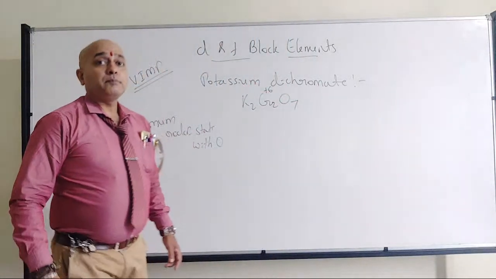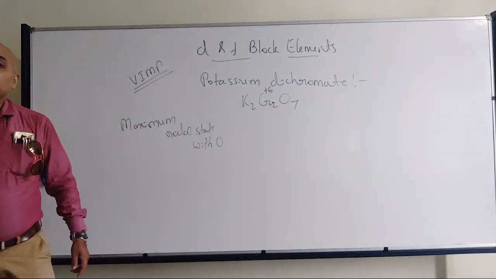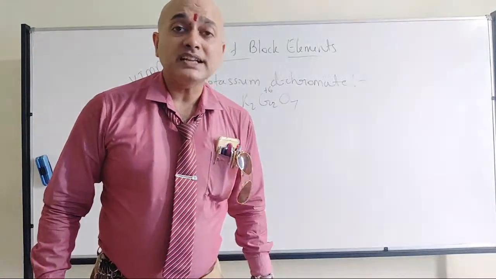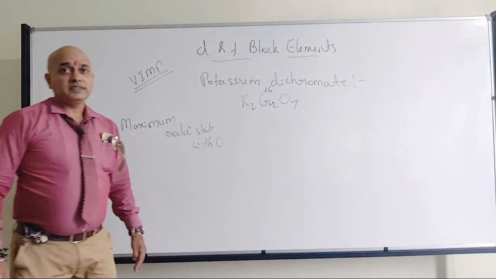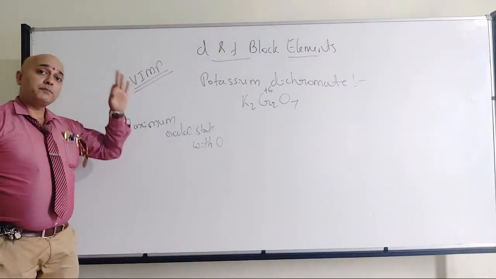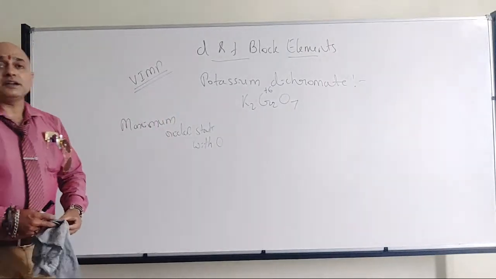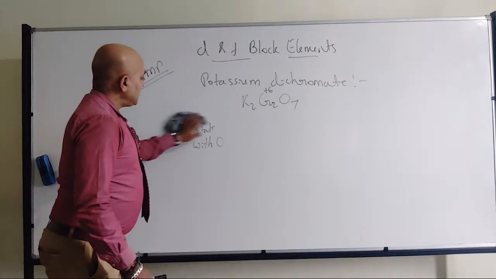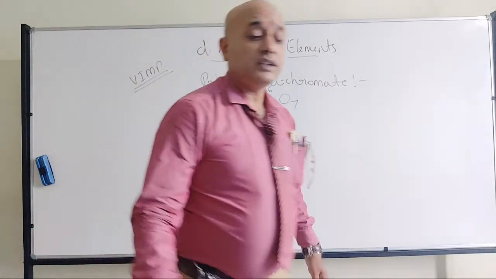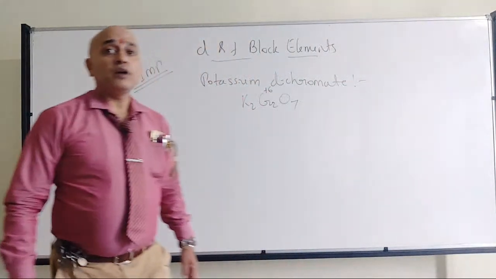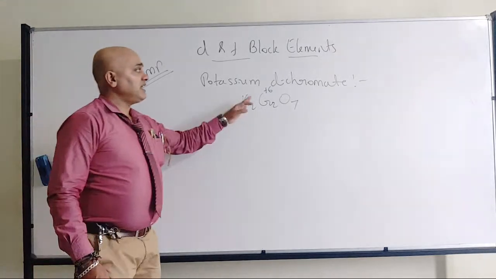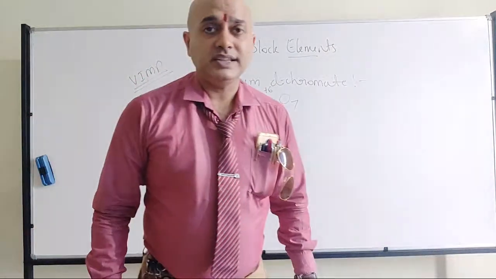For example, in potassium permanganate manganese has +7, but the same manganese with fluorine has a maximum oxidation state of +4, that is manganese tetrafluoride, MnF4. With oxygen it can go up to +7. Same logic is applicable here. With oxygen they have the highest oxidation state because of the ability of oxygen to make more than one bond, the double bonds and all. So due to that they will have the higher oxidation state.